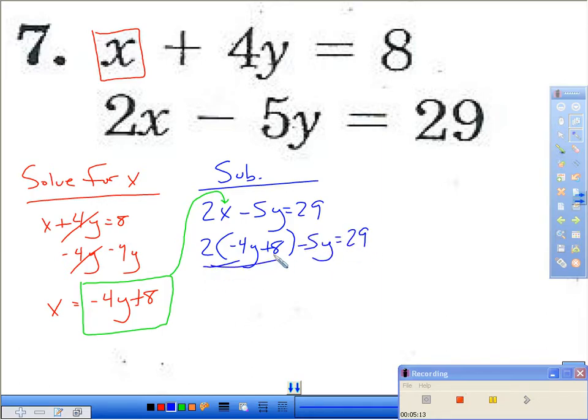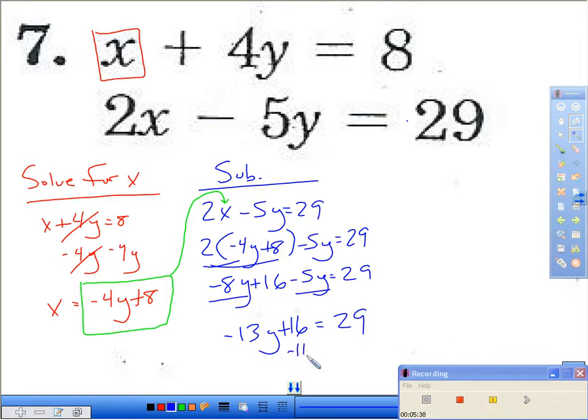So distribute the 2, and that's going to result in negative 8y plus 16 minus 5y equals 29. At that point, we will combine like terms, giving us negative 13y plus 16 equals 29.